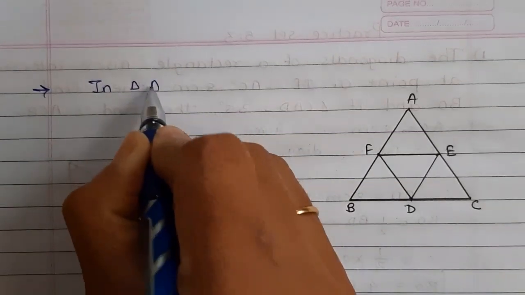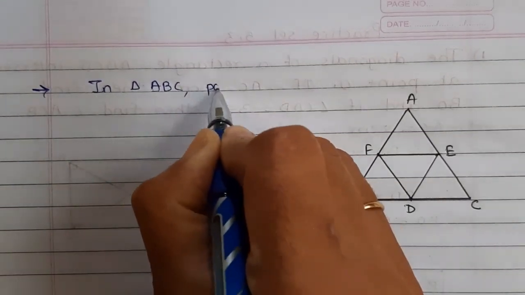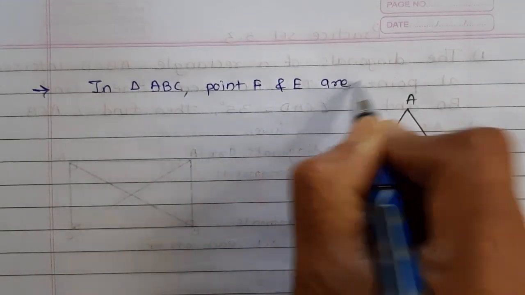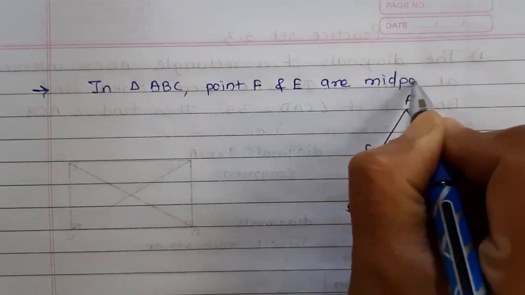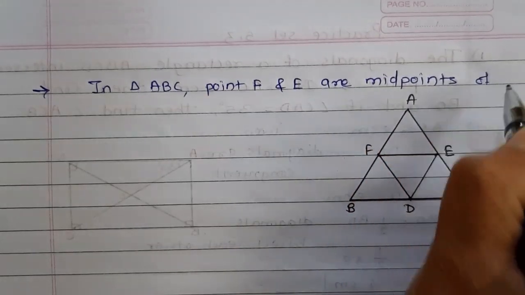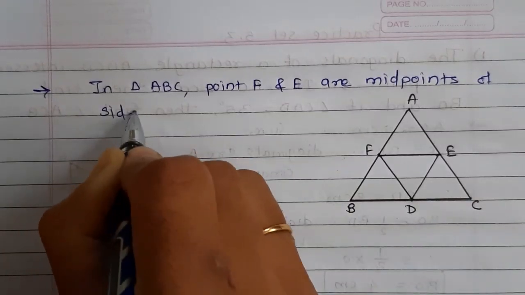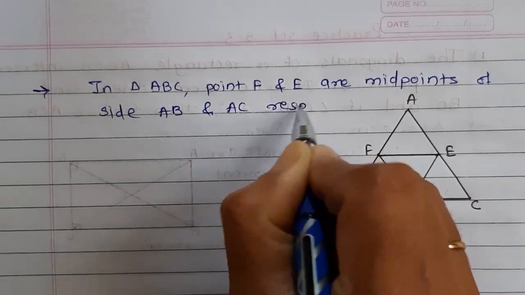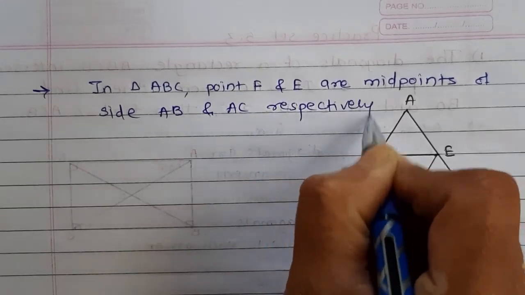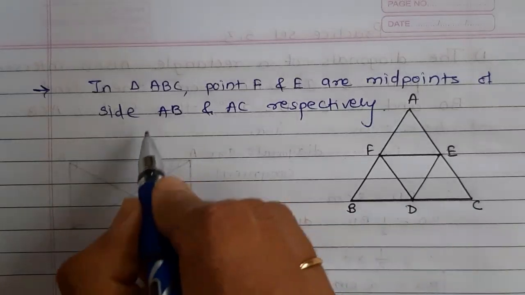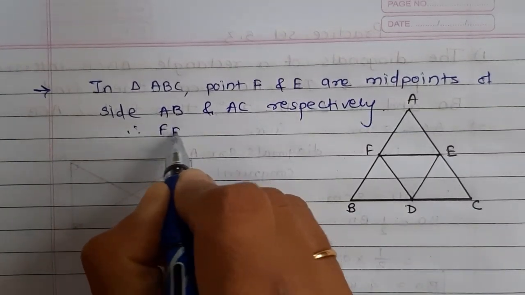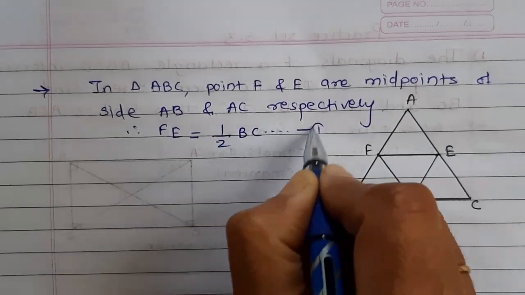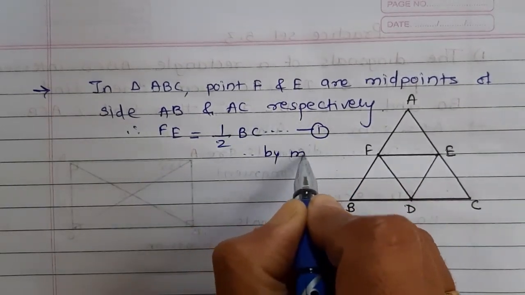In triangle ABC, points F and E are midpoints of sides AB and AC respectively. Therefore, FE equals half of BC. Give it number 1, and this is by the midpoint theorem.